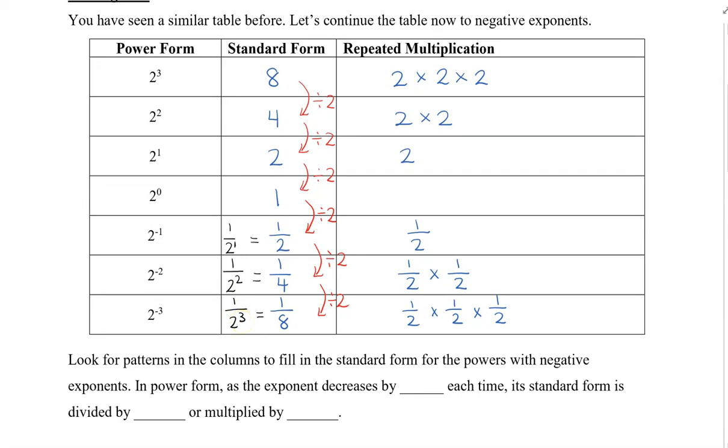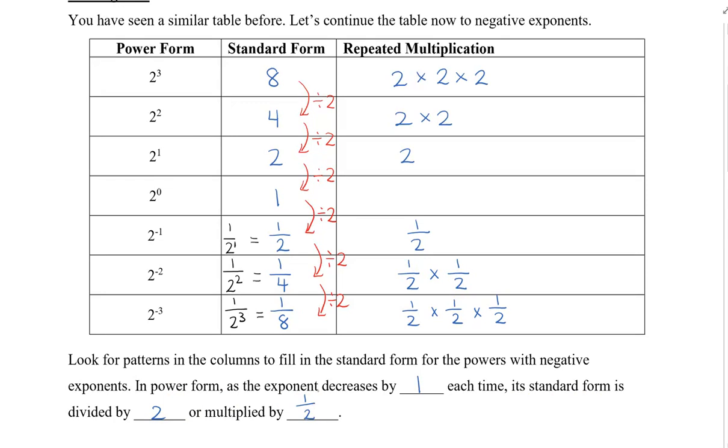So looking for patterns in the columns, we fill in the standard form for the powers with negative exponents. So this is standard form down here in the middle column. In power form, as the exponent decreases by 1 each time, its standard form is divided by 2 or multiplied by a half.